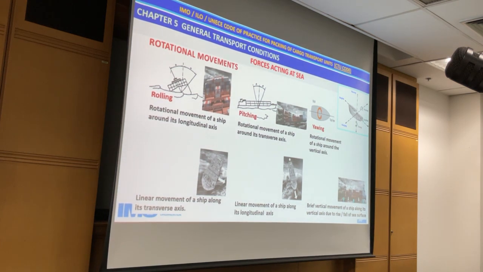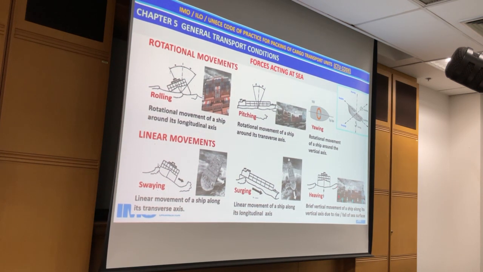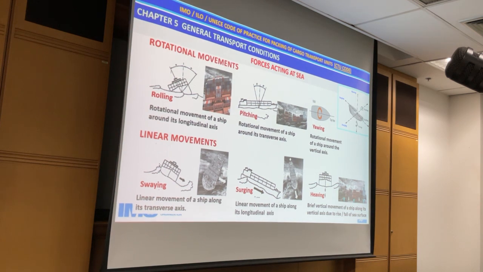You can see from top and also from here. You see the angle-wise rotational ones are yawing, rolling, and pitching. The linear movements are swaying, as you see here, from side to side, surging from aft to fore, its longitudinal axis, and heaving. Heaving is like this, a brief movement of a ship along the vertical axis.